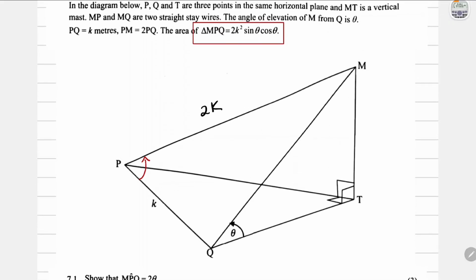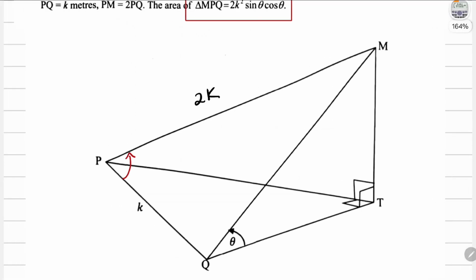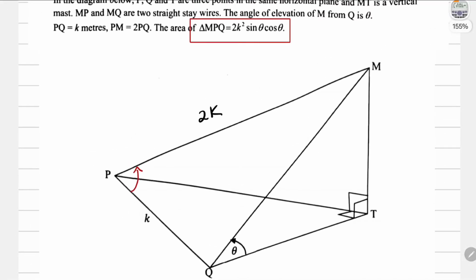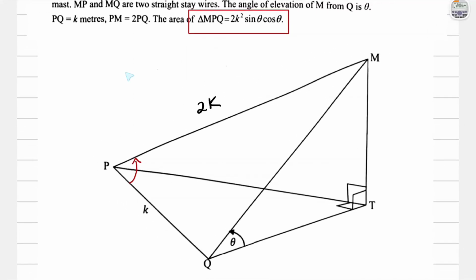Let's see how they would have calculated the area of it. Well, as you can see, there is no perpendicular height here, so we can't really use the area of half times the base times the perpendicular height. So we can use the other area formula that we know.